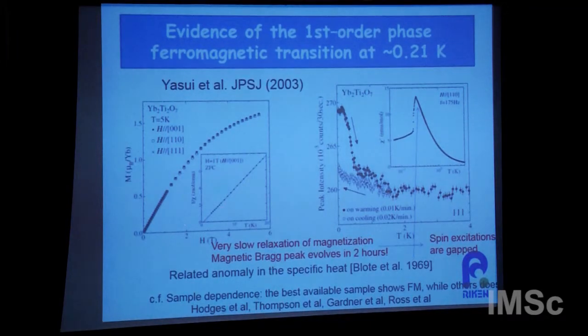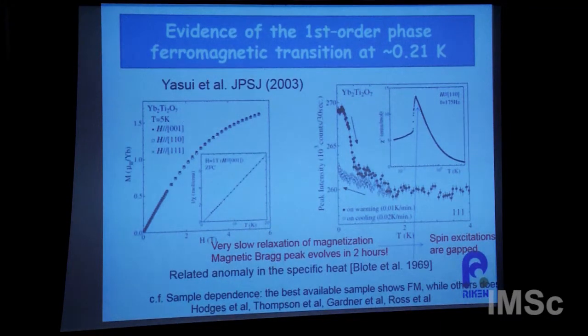They show the inverse susceptibility here, which almost behaves like a ferromagnetic state, ferromagnetic behavior, and the Curie-Weiss temperature is ferromagnetic. And this is a magnetization curve.